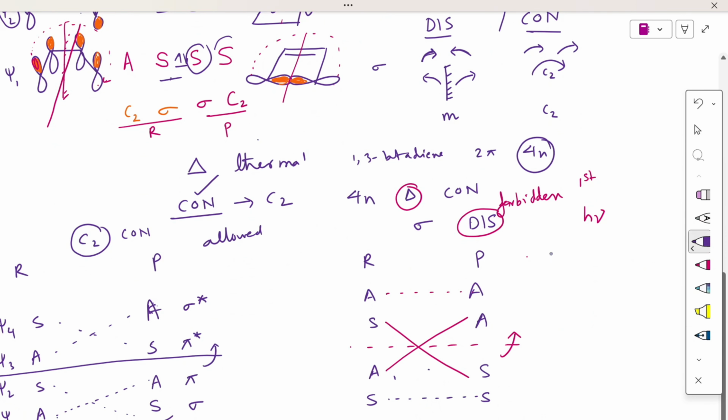I'll be having the reactant and product orbitals, the same thing, you write it again. Now this is your Xi1, Xi2, Xi3, Xi4. This becomes your sigma, pi star, sigma star.